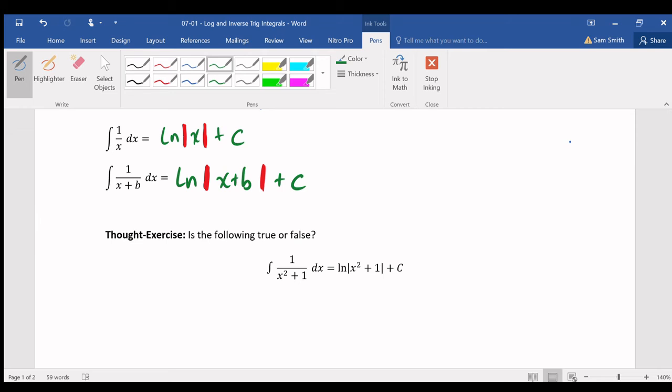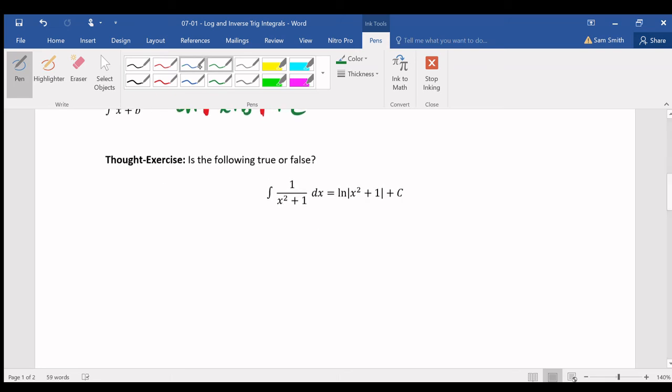Well, the easiest way to check this, I think, is to assume for the moment that we have the positive case of just x squared plus 1, no negative sign, and to take the derivative of this, and let's see if the result is really equal to 1 over x squared plus 1.